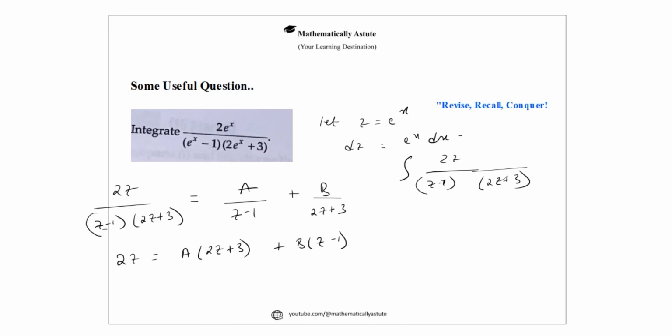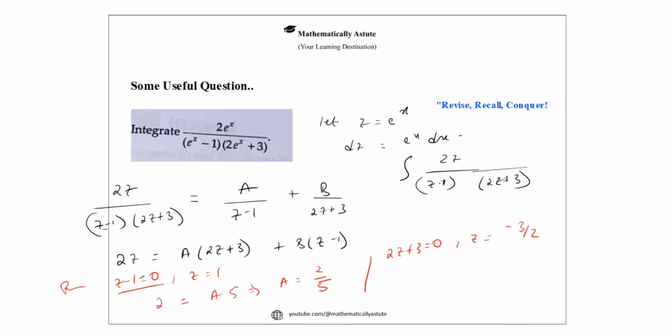Putting z minus 1 equals 0, or you can say z equals 1, then we will get 2 on the left, this term will be 0, and this will be 5A. Therefore the value of A is 2 by 5. And after that, for B, let's say 2z plus 3 equals 0, then the value of z is minus 3 by 2.